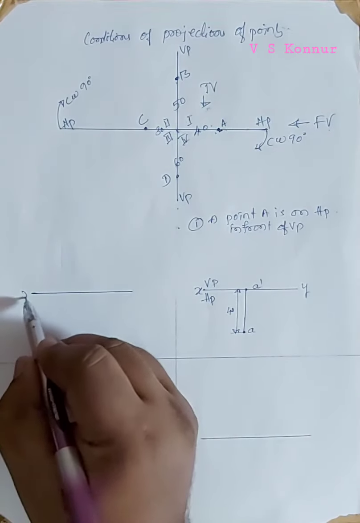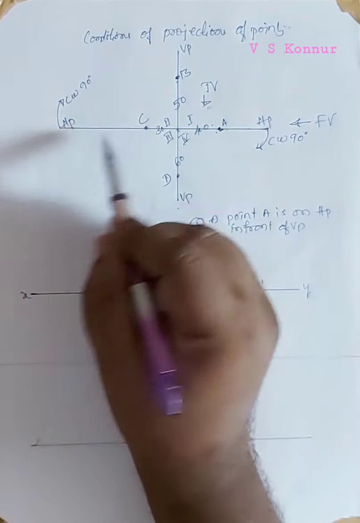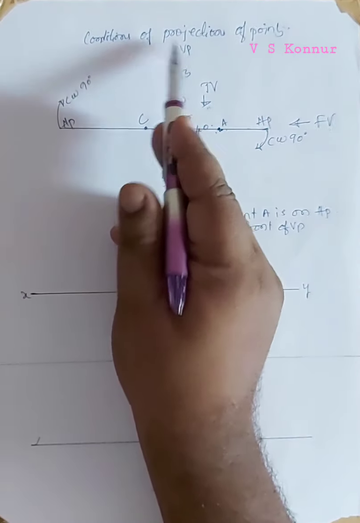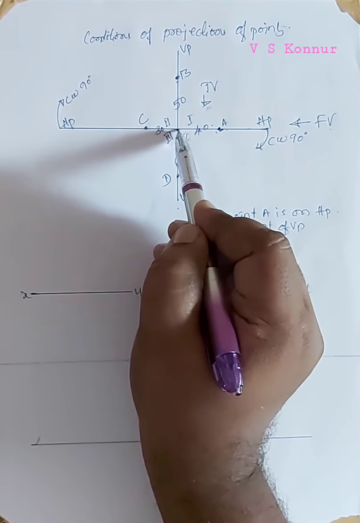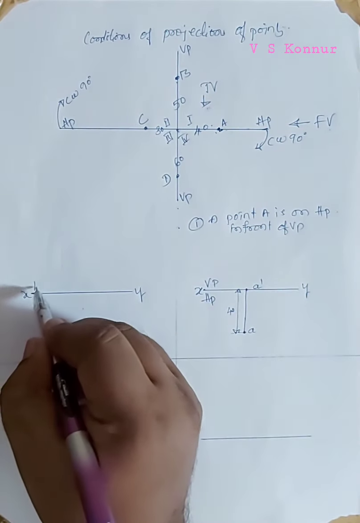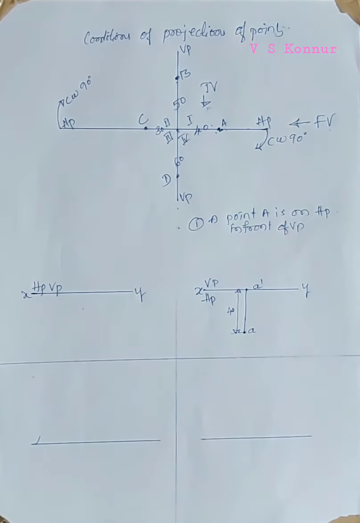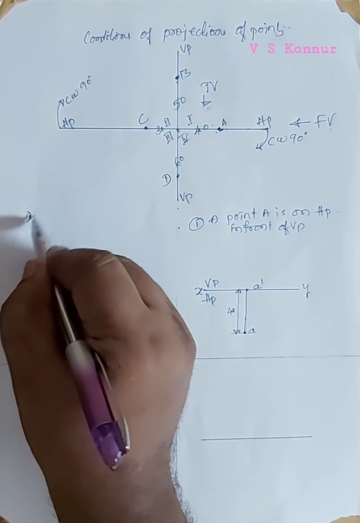In second quadrant, HP is rotating clockwise 90 degree. So VP is already there, HP is also moving above XY line. Because of that, HP and VP are above XY line in the second quadrant. Now we'll define the problem here.